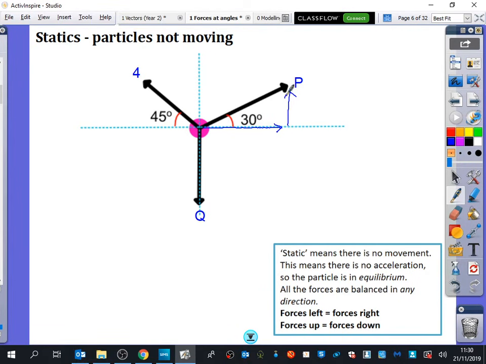Would it be with cos or sine? Cos theta. Cos theta, and in this case it's a 30, and the hypotenuse is P, so it's P cos 30. What would this one here be? Sine 30. Good, so it's going to be sine 30, but with the length of the line being P, so it's P sine 30 that we've got there, okay?